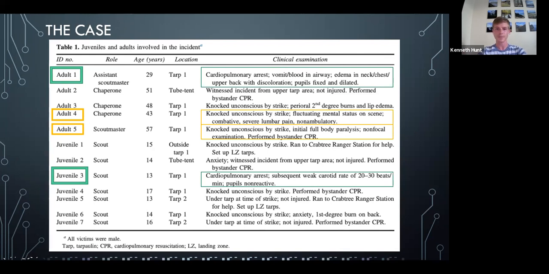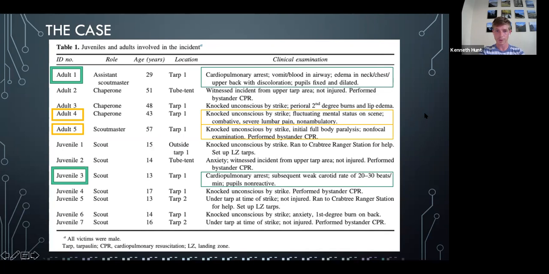And then adult 5 was unconscious for about 10 to 15 minutes, and then, I think rather remarkably, performed bystander CPR after it was all said and done, and ended up making a full recovery. The other victims had minor injuries, a few here, a 1st-degree burn on the back.